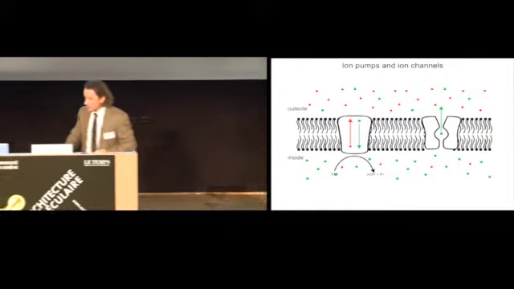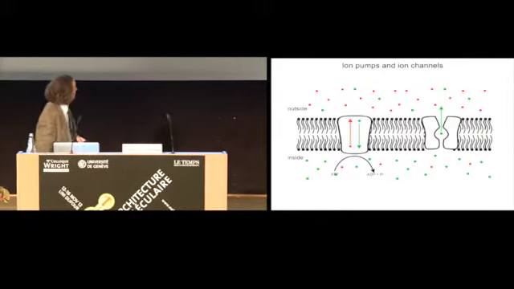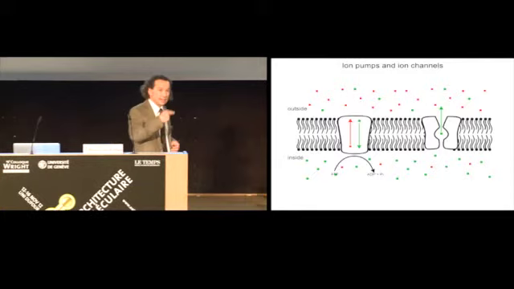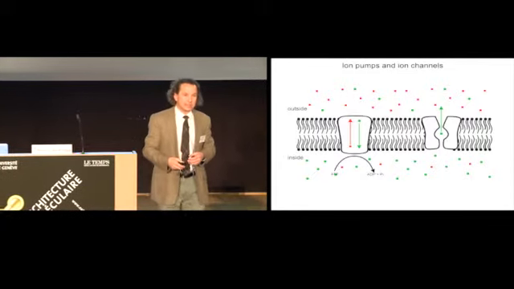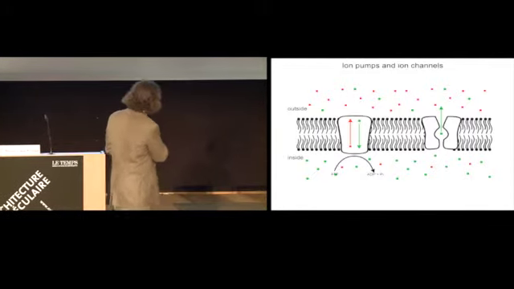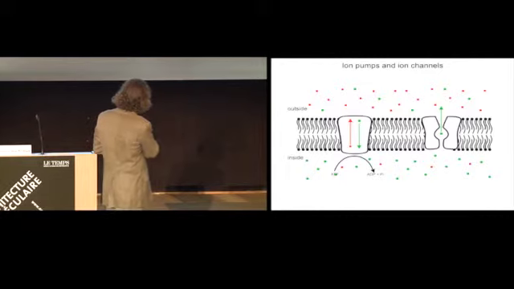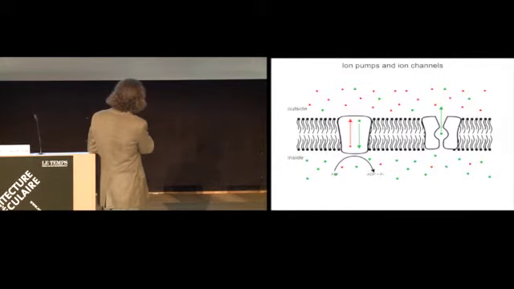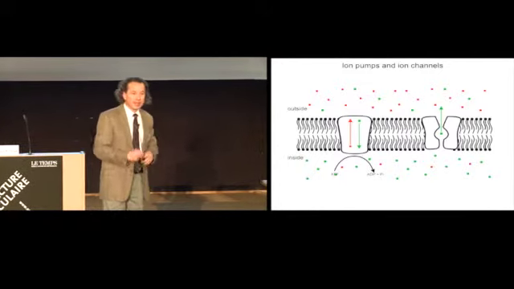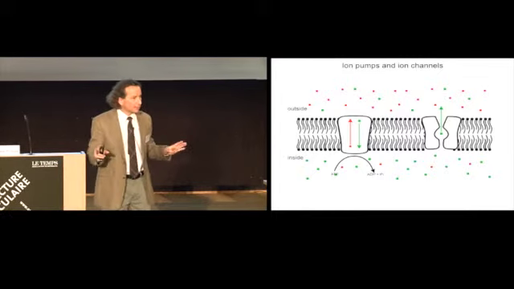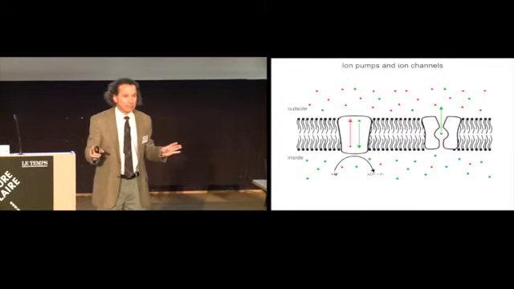And what that does is it leaves negative charge on the inside and puts positive charge on the outside. So it's because potassium flowing out carries charge, it electrifies the membrane. And that is why all of our cells have a charge across the membrane.